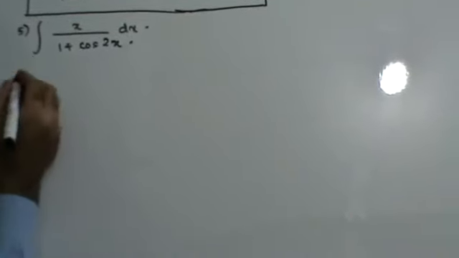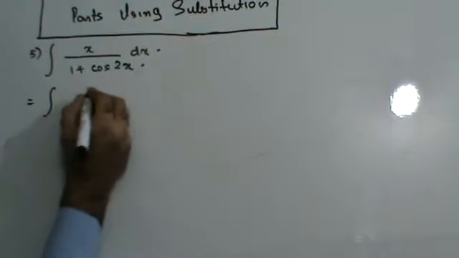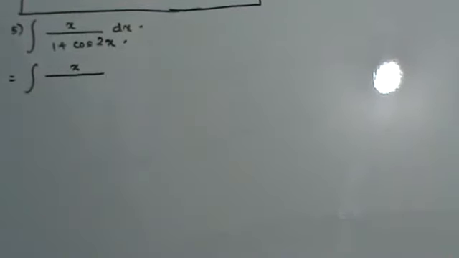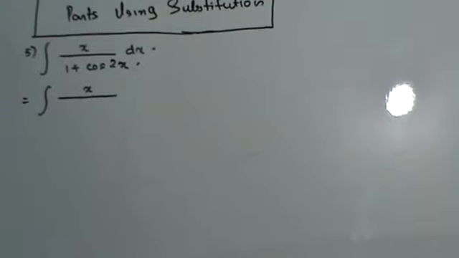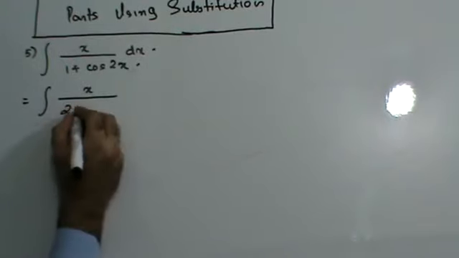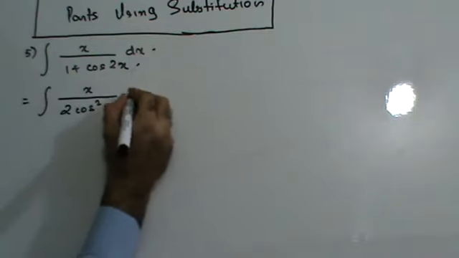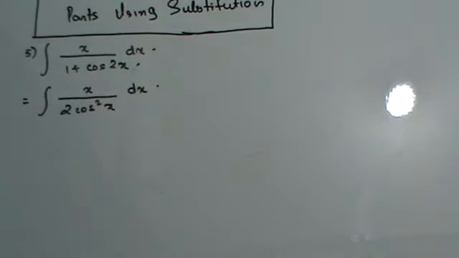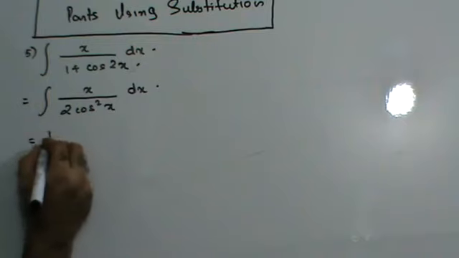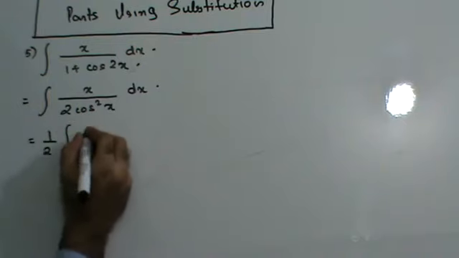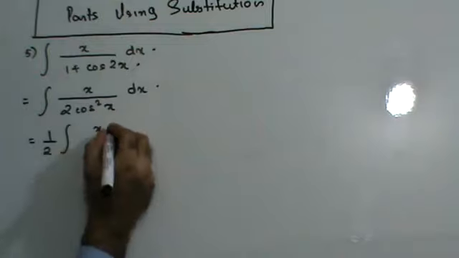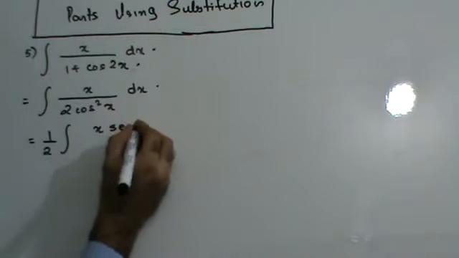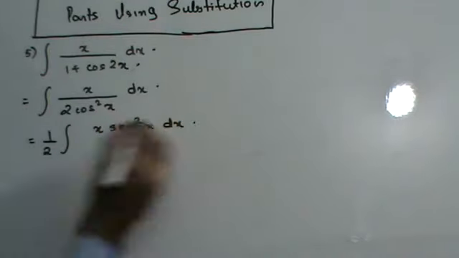Now this can be written as the integral of x upon 1 plus cos 2x. 1 plus cos 2x, by using multiple submultiple angles, is nothing but 2 cos square x dx. This can be written as 1 upon 2 integral of x upon cos square x. 1 upon cos square x can be written as sec square x dx.